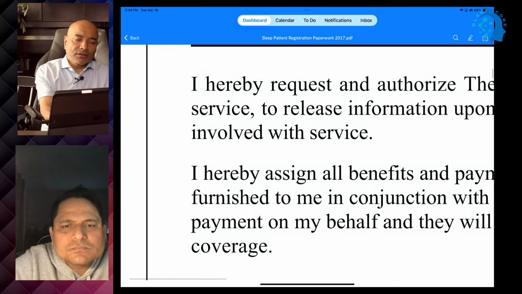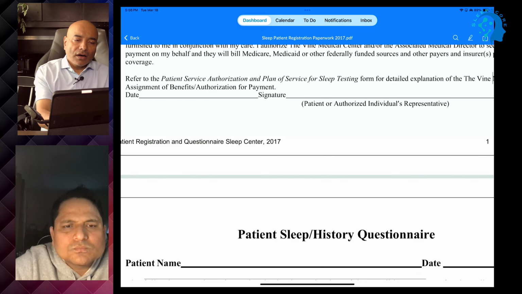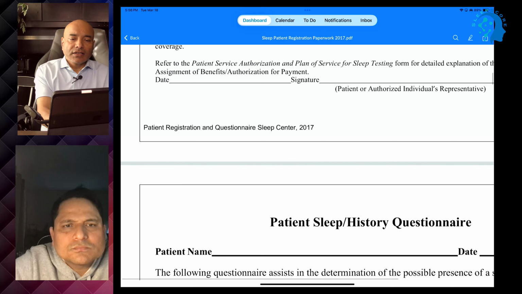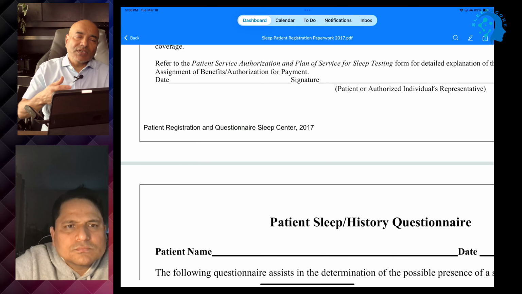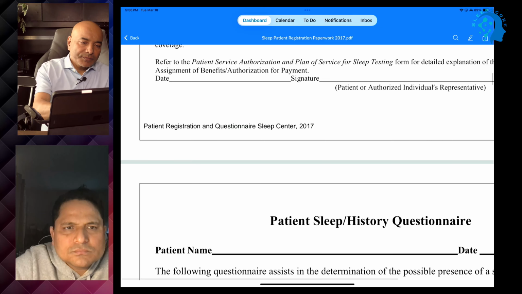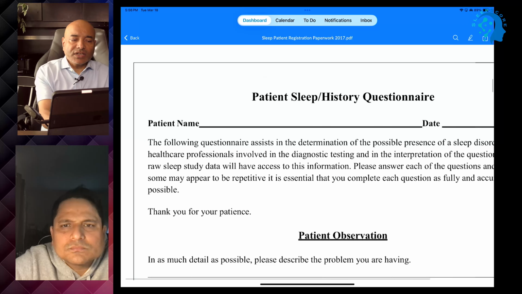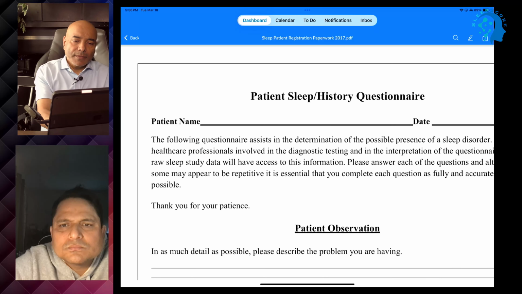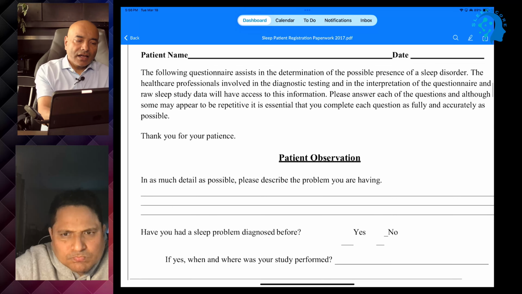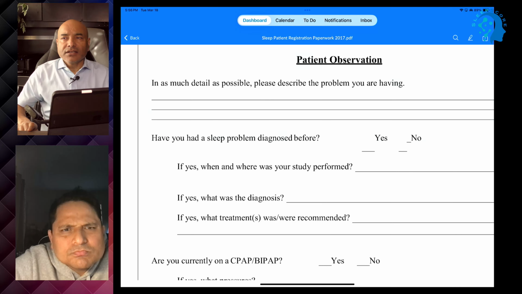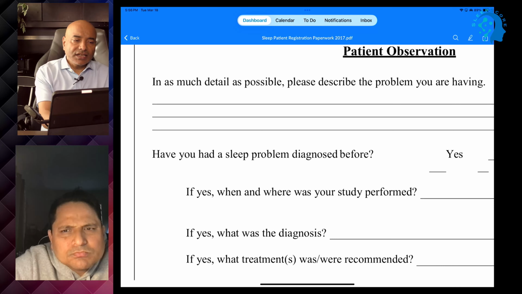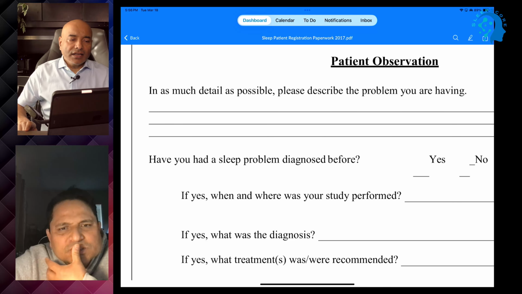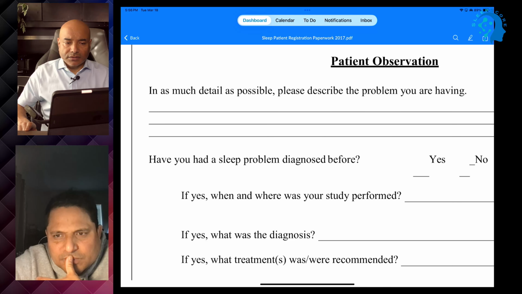They have to release their consent so that we can do the sleep study. Now this is the history questionnaire. Patient name. The questionnaire is where we ask them several questions. The question here is, in as much detail as possible, please describe the problems you are having.